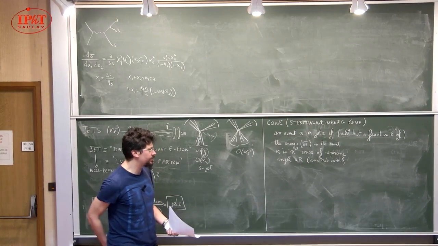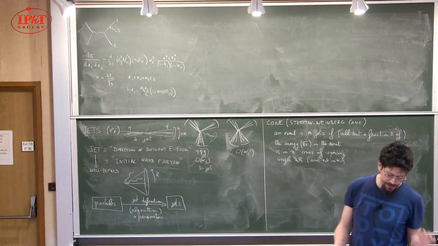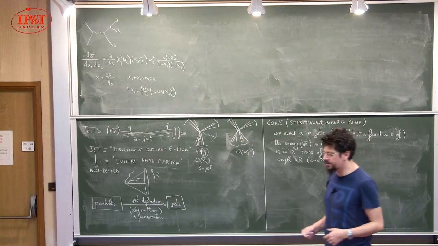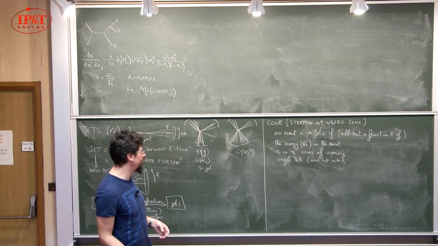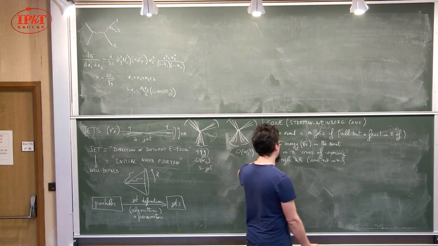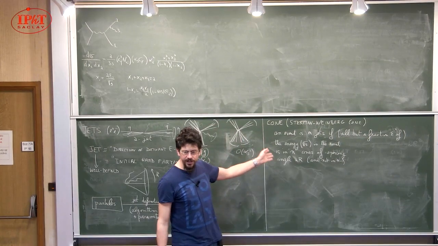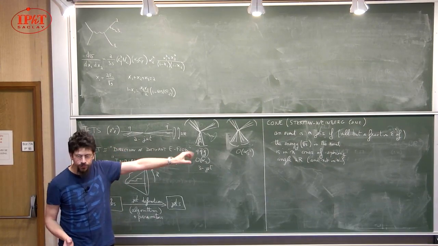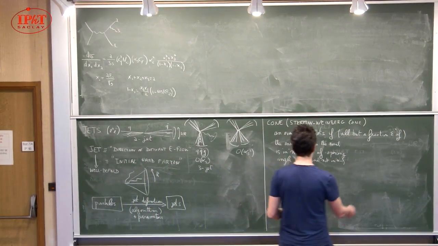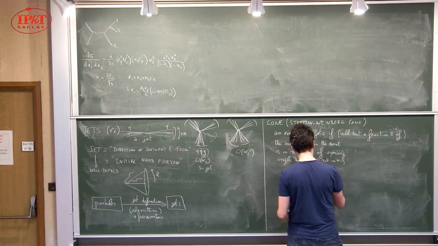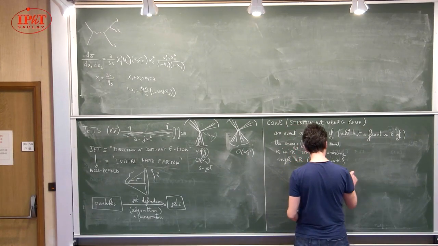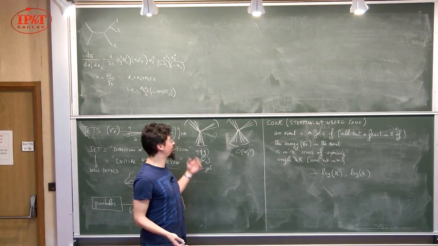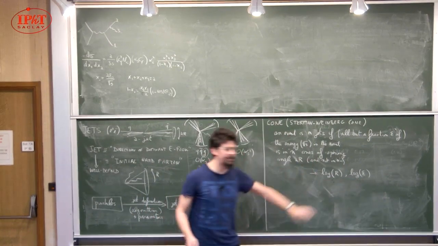Just as a side note, I told you earlier that whenever you have ratios of scales, ratios of angular scales or energy scales, you should expect logarithms coming from the structure of QCD. This is an example where technically this is finite, so real and virtual corrections conspire to give you a finite answer at every order of perturbation theory, but at a given order you should expect to see some logs of r and some logs of epsilon coming from soft, in this case, and collinear emissions in that case.